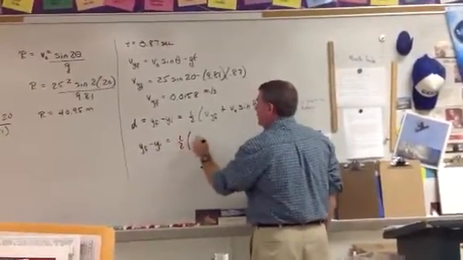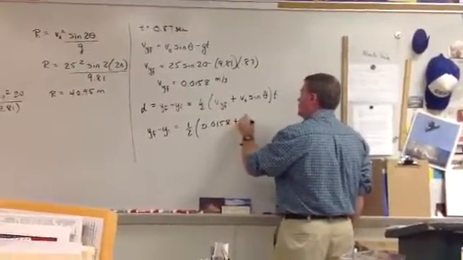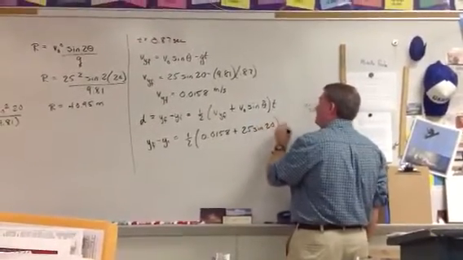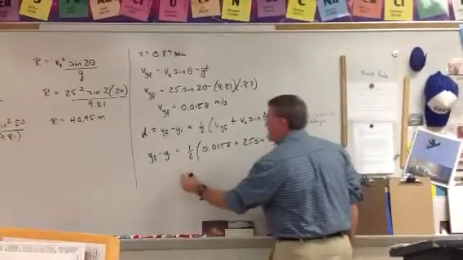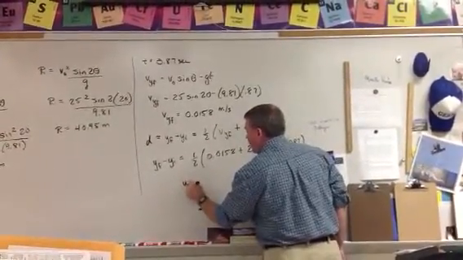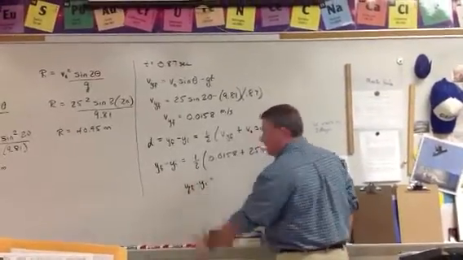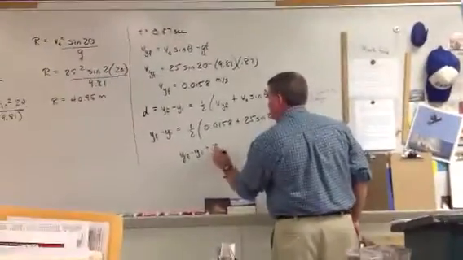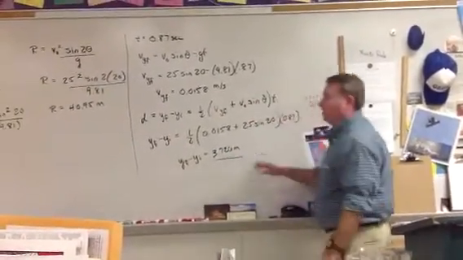Vyf here is 0.0158, plus V naught is still 25 times the sine of 20, times a time of 0.87 seconds. And you get a yf minus yi, the y value, equal to 3.726 meters. And now you know why I kept all these decimal places.